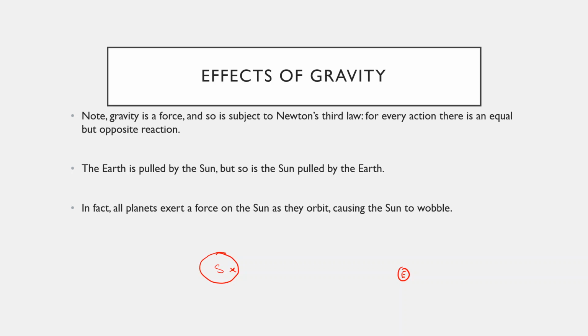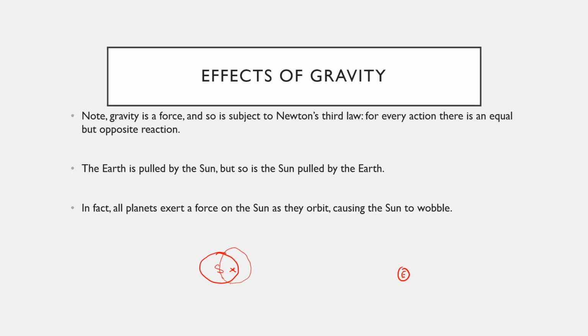We don't notice that because the point is so close to the Sun. But if you were to zoom out and observe things from a distance, you'd notice the Sun wobbling around. That's due to the fact that the Earth is pulling on the Sun. It's not just the Earth that's moving around the Sun because of gravity. The Sun is also being moved because of the Earth, and that causes it to wobble.